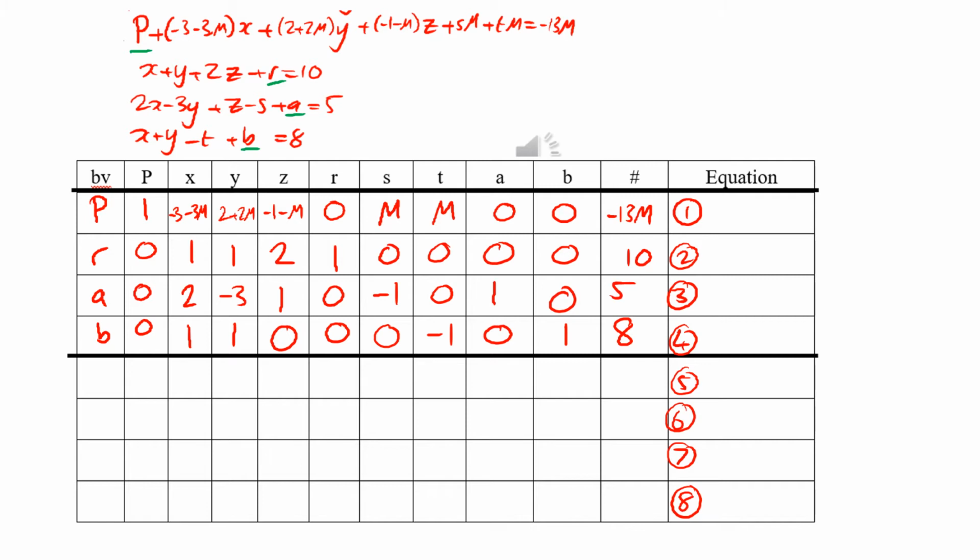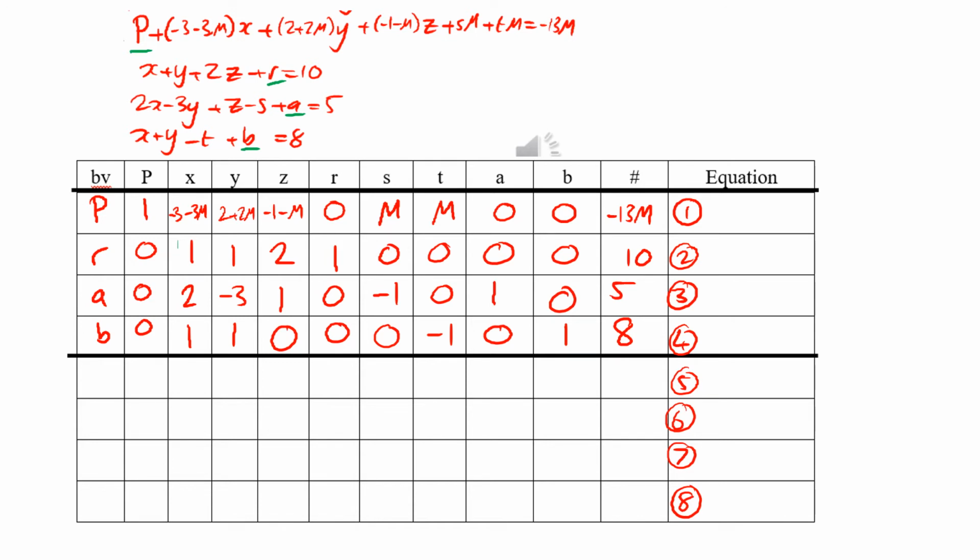And what we said here is we're going to carry out one iteration on this tableau. So let's do that. First thing we need to decide is where our pivot is. Now we've recently switched to saying that we choose the pivot on the column with the most massive number on top. And in this case, that is definitely minus 3m, because m is obviously massive, so minus 3m is bigger than minus 1m.